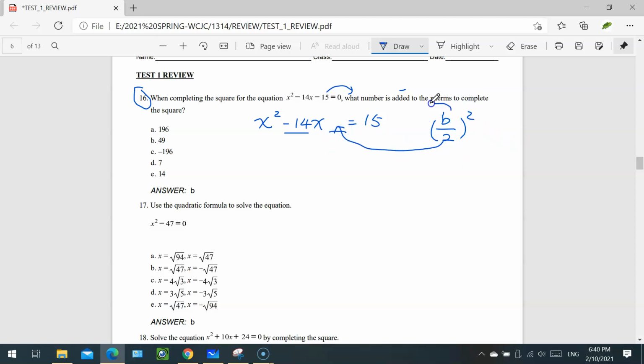And you add the same number to the right hand side as well. Now b is negative 14. When I divide by 2, it turns to negative 7, everything squared. So we write down x squared minus 14x plus negative 7 squared is equal to 15 plus negative 7 squared.